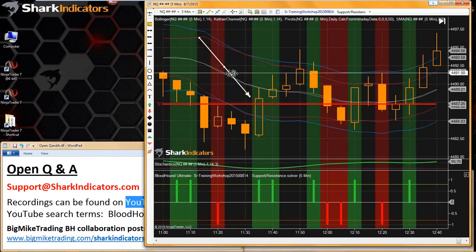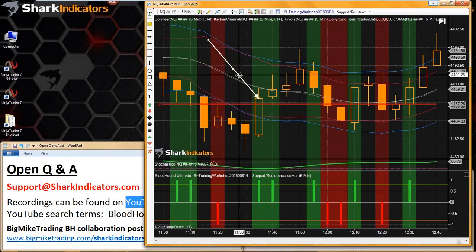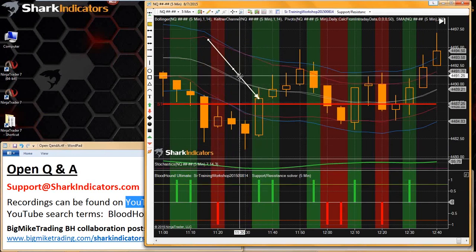All right. So we can see our red S1 line. Price is just above it, and so we're getting a long output from the support resistance solver. That's just telling us that price is above a support line and it's within 10 ticks of it.